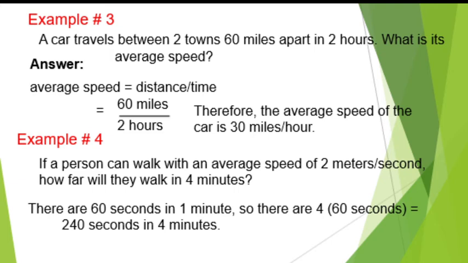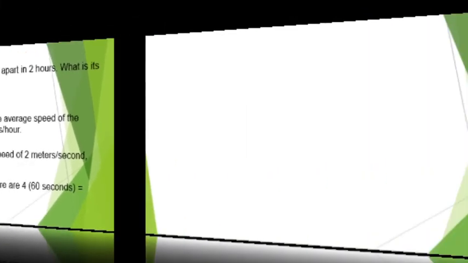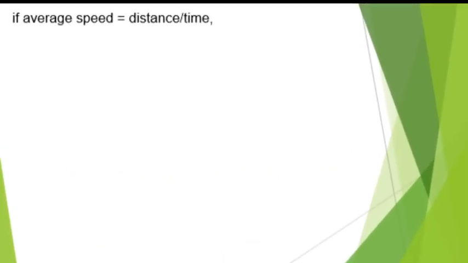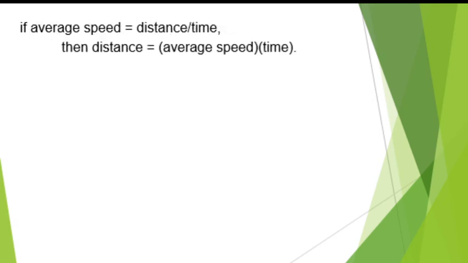Since the unit is in minutes, we have to make that into meters and seconds. So our answer is, if the average speed is equal to distance over time, then distance is average speed times time, which is equal to 2 meters per second times 240 seconds.